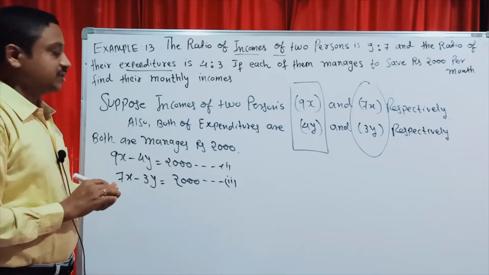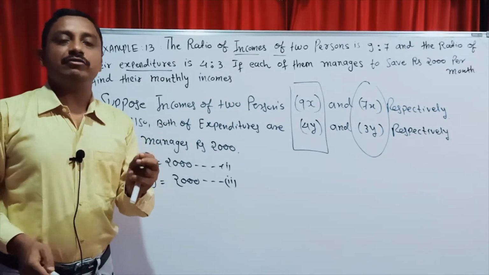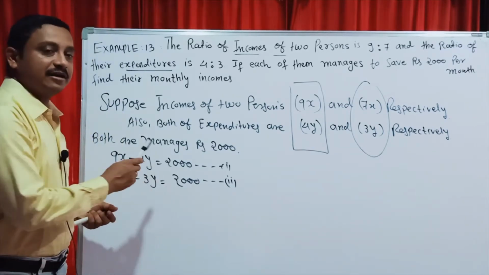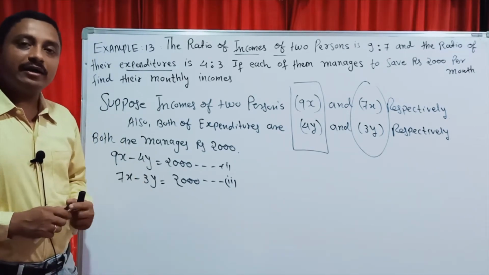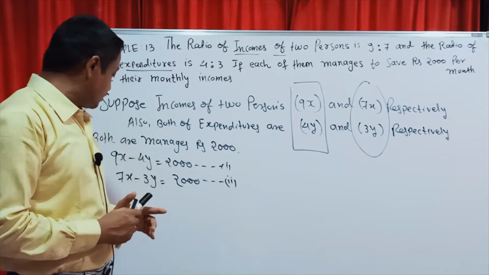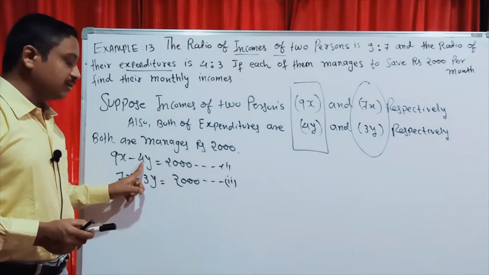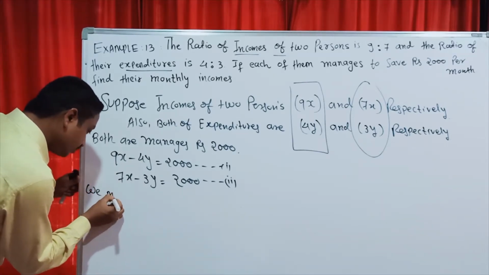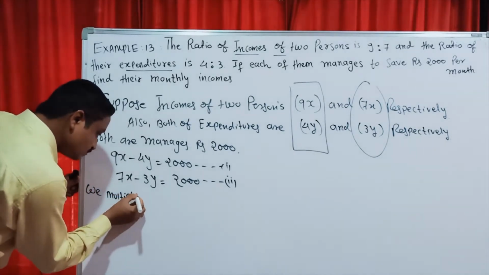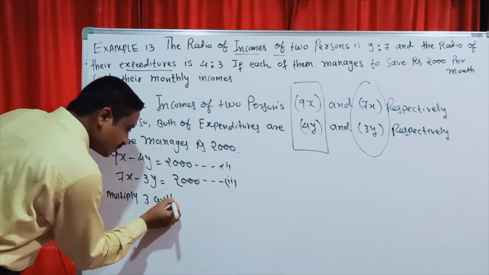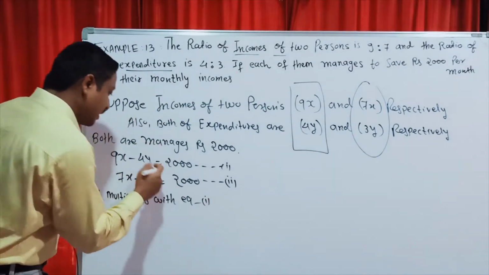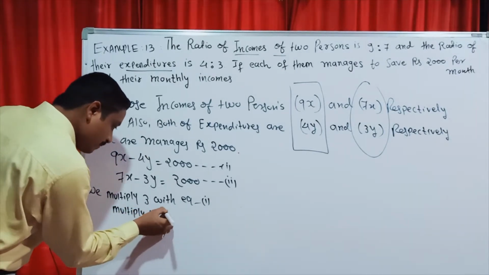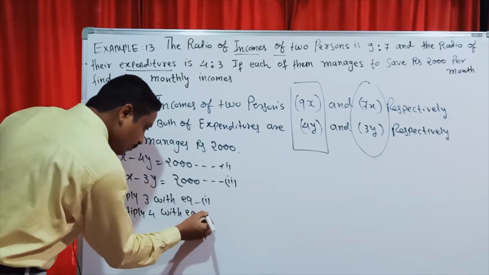Students, I derived just two little equations here, and after that I calculate by the elimination method. Here multiply by 3 and here multiply by 4. So we multiply 3 with equation number 1 and 4 with equation number 2.